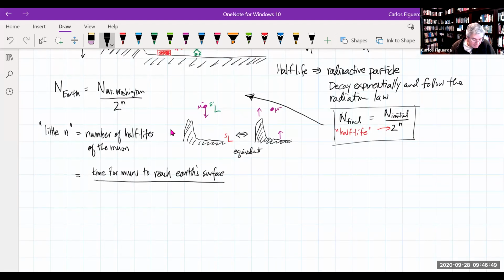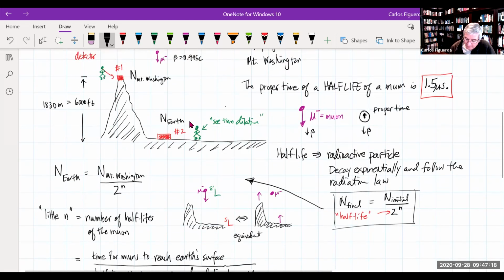what we have to worry about here is the other one is that this has to be the half-life of muons measured relative to Earth. Because we know that the little green observer here measures a time-dilated muon.